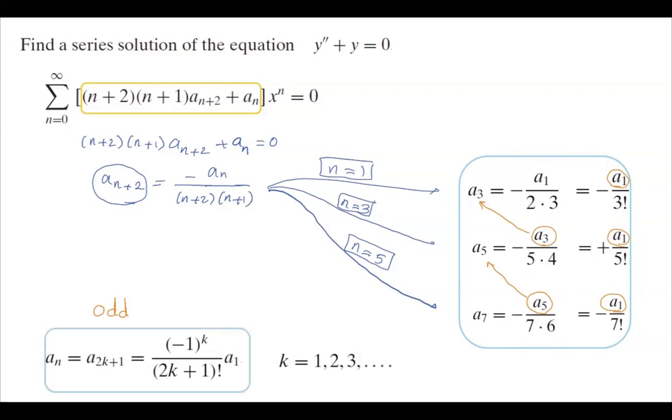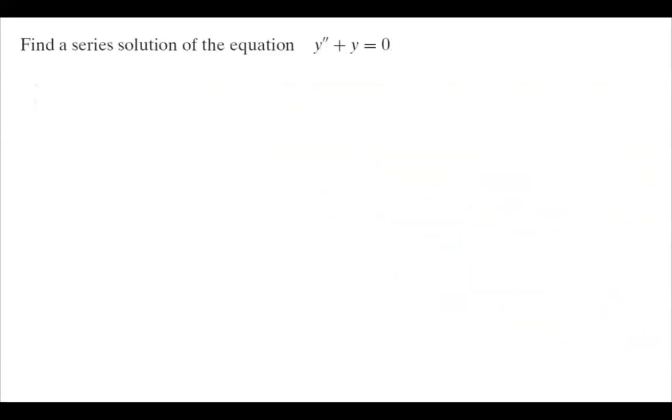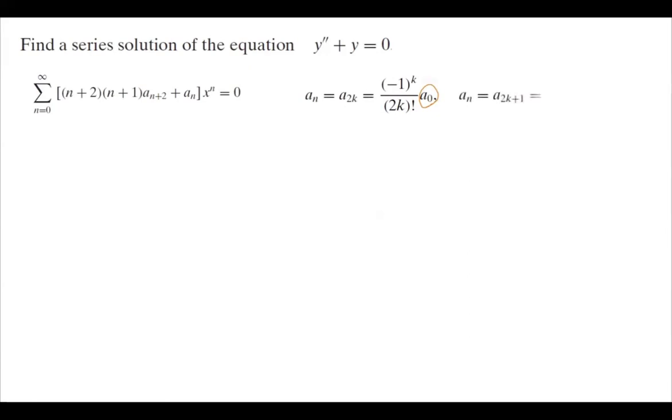So now let us take these and write down the solution for this differential equation. The summation of n plus 2 times n plus 1, a sub n plus 2 plus a sub n, x to the n is equal to 0. So we found a sub 2k for even indices to be negative 1 to power k divided by 2k factorial multiples of a sub 0, and a sub 2k plus 1 for odd indices to be negative 1 to power k divided by 2k plus 1 factorial, and they are multiples of a sub 1.